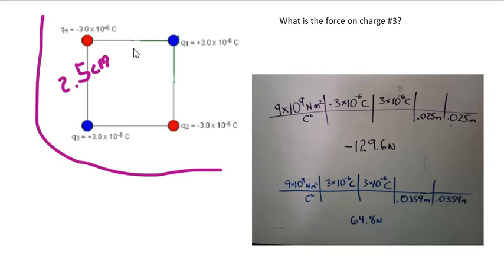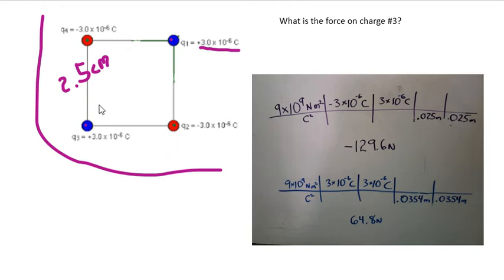It's a square, and at the corners of this square are these charges. All these charges have the same magnitude, which is 3 times 10 to the negative 6. Q1 and Q3 are both positively charged. The other ones have the same magnitude, 3 times 10 to the negative 6, but they are negatively charged, which is Q4 up here and Q2 here.